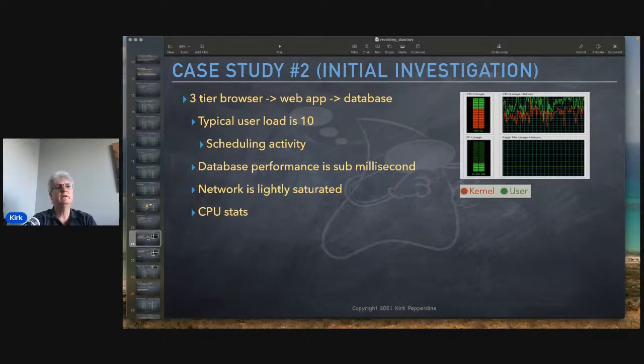Network is lightly saturated. And if we look at the CPU stats here, you can see that we have the kernel, again, being hammered. That's the bits in red. And if we subtract the red from the green, then you'll see what the user time is, right? So again, there's what I call very, very little user activity here, just producing a ton of load on the kernel.